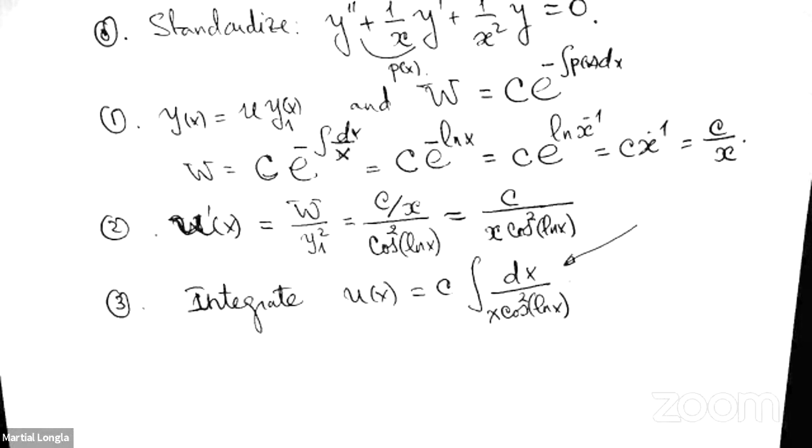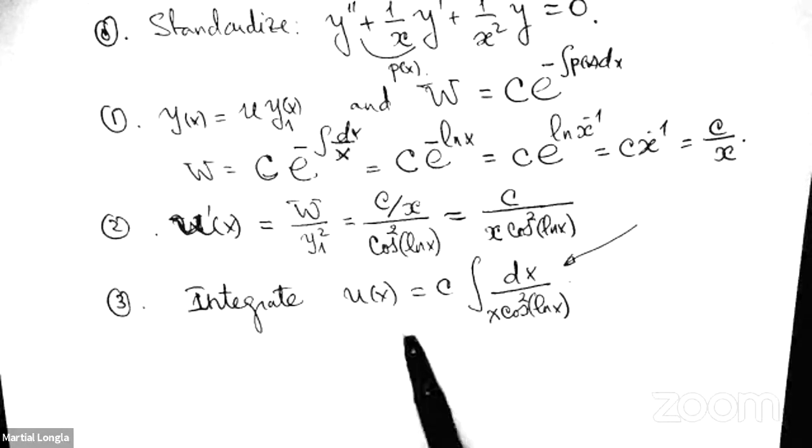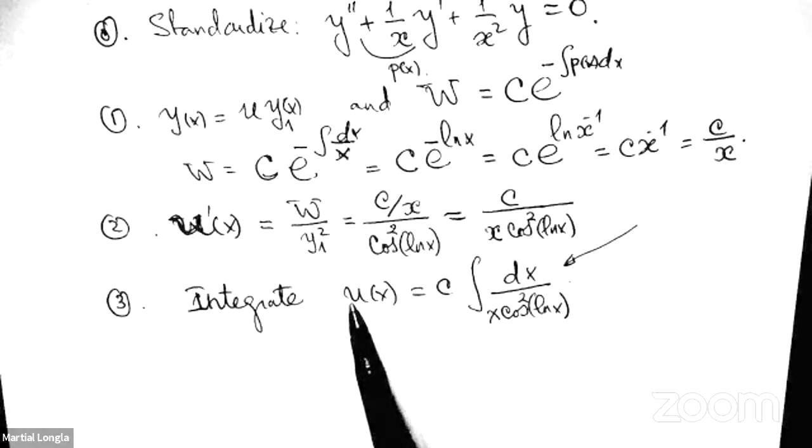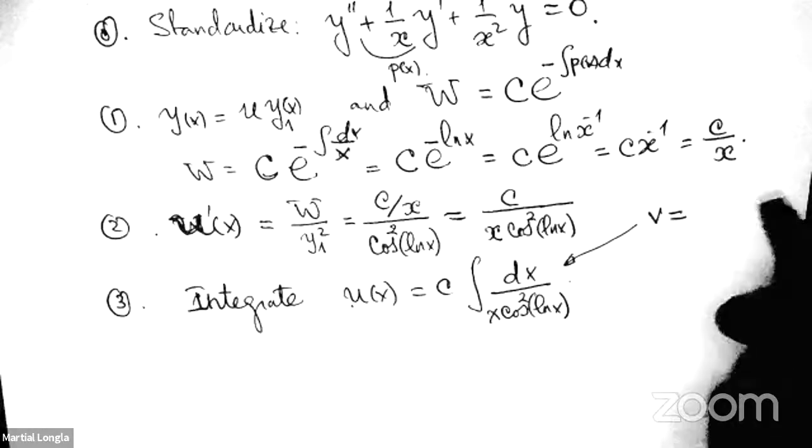Could we use u substitution and set u equal to natural log of x? Yeah, just that. Now, because we have u here, we need to call it something else, right? So we could say v. Yep, good.